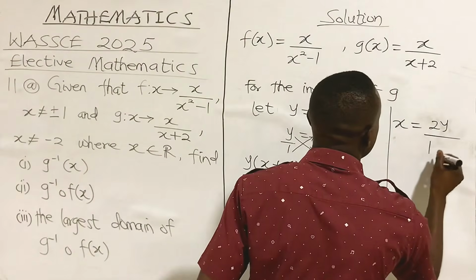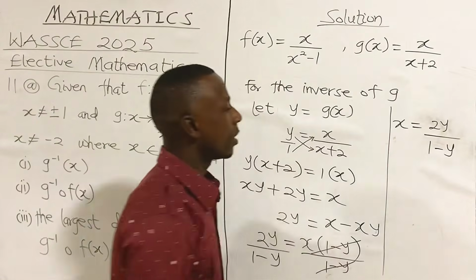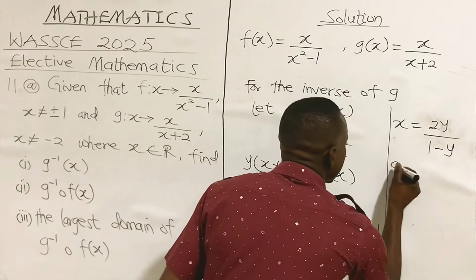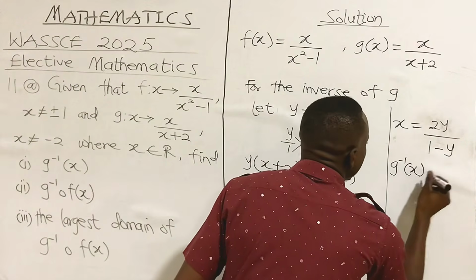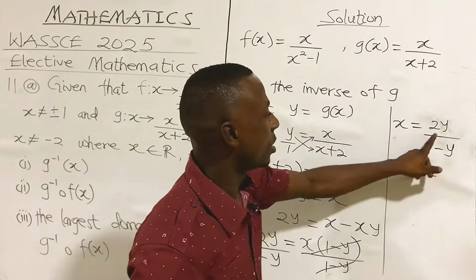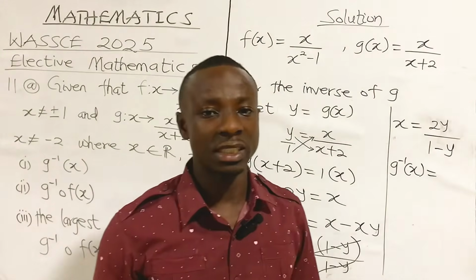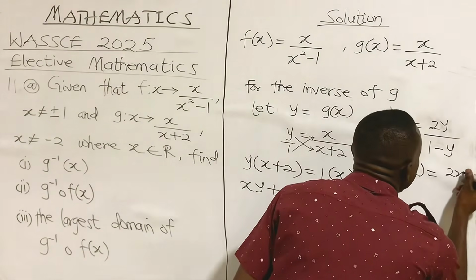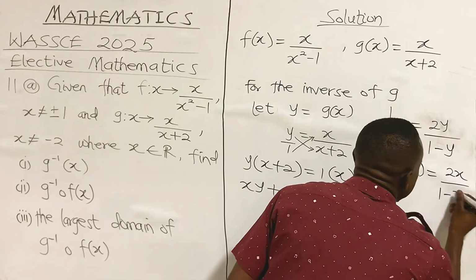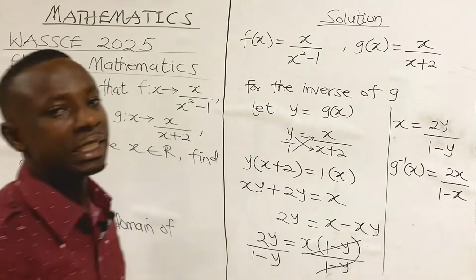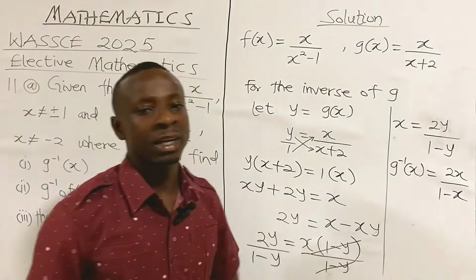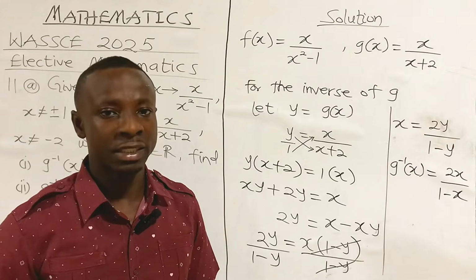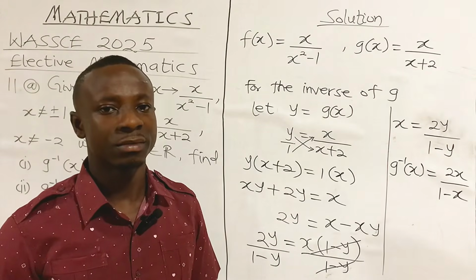So from here then my g inverse of x is going to be equal to, then I am going to change the variables. So I have 2x all over 1 minus x. And this is going to be the final answer for the inverse of g.